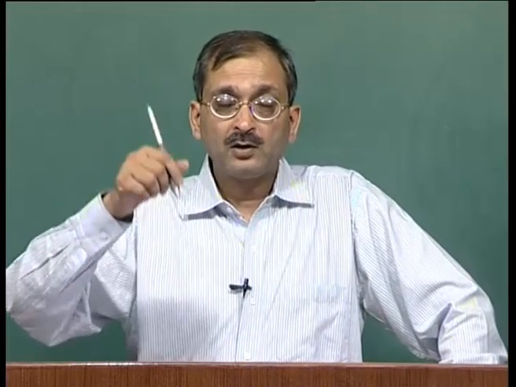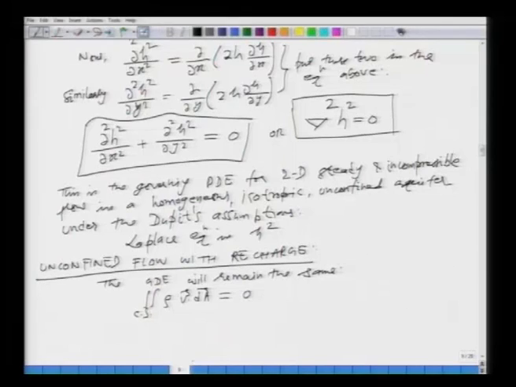The only difference would be that you will have to account for the mass flux taking place in the vertical direction. So, let us look at that. Then we can say that the x and y direction fluxes remain the same.